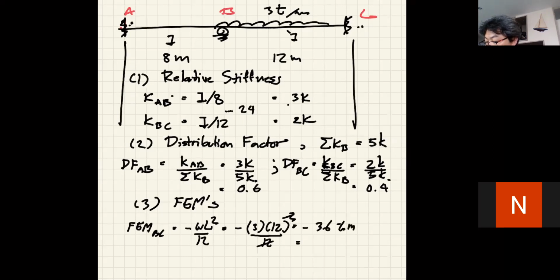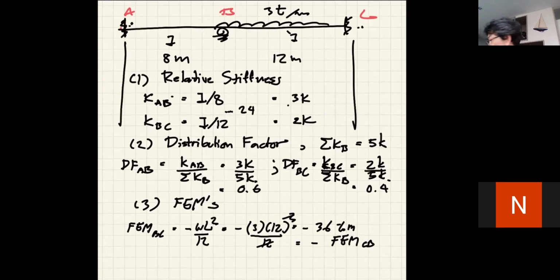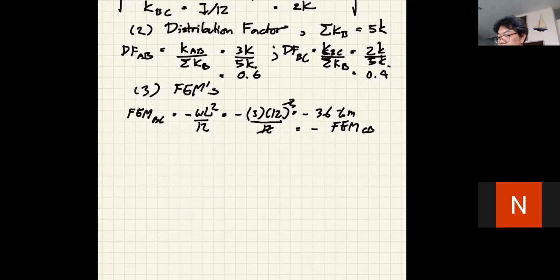And this is equal to minus FEMCB, which in turn becomes 36. So right now I am ready to do moment distribution, okay? I don't think I can, but this one is short, so I can do it.